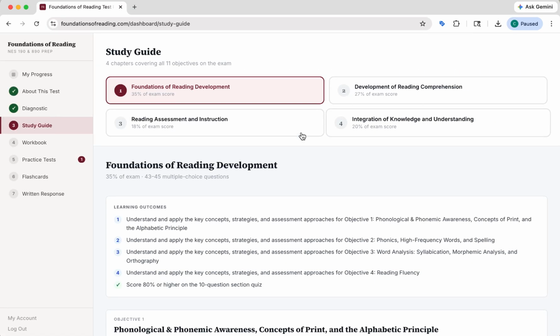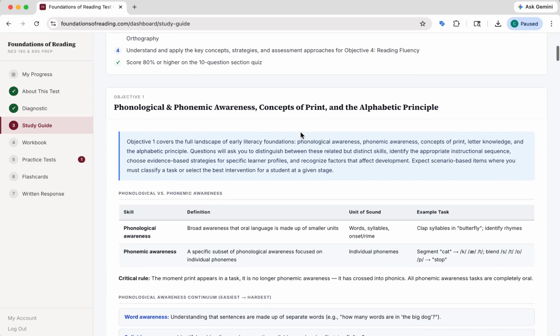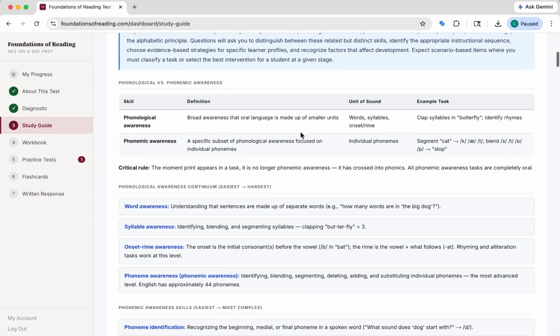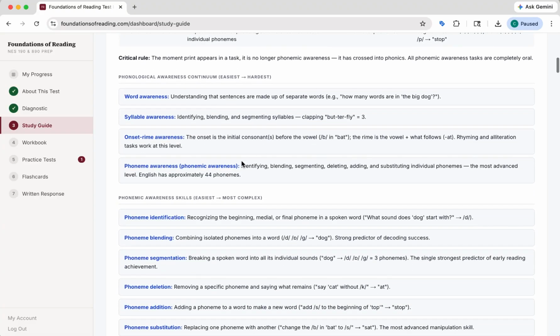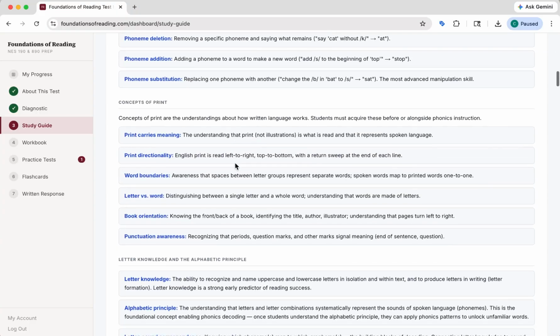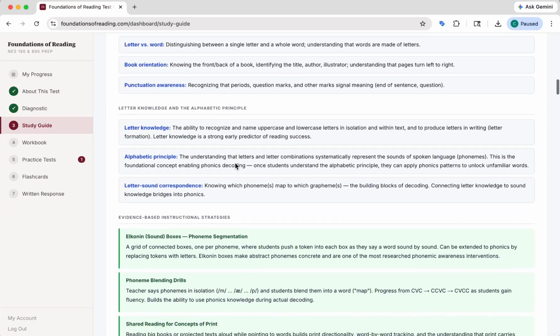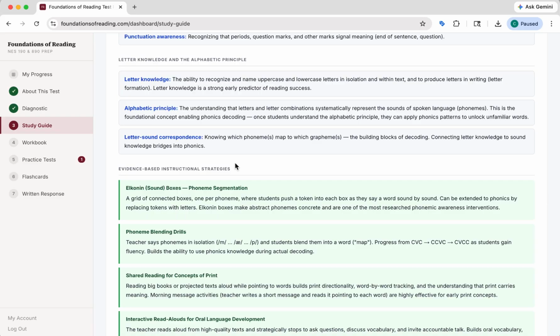Now, this study guide is so clear, it's so direct, and what I really like is that it is written in a visual way that makes learning fast and easy. So as you can see, it's written in a bullet point, non-fluff way. It just provides the information that you need to know.